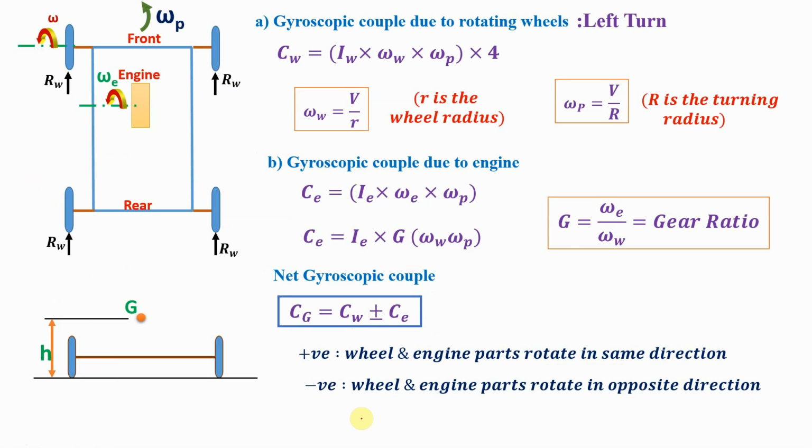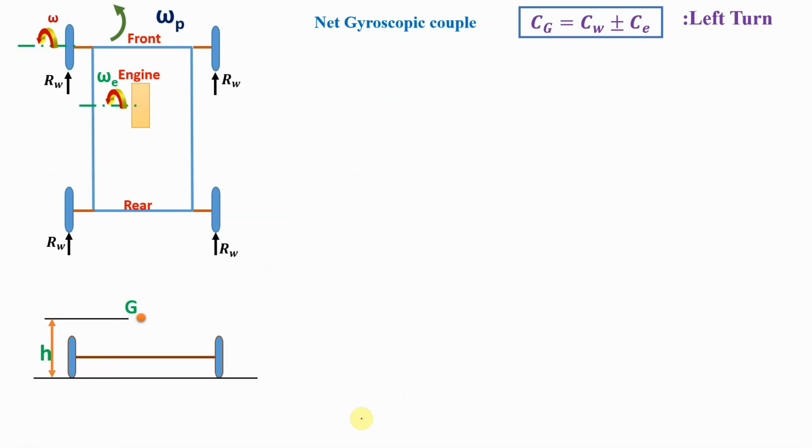Now, net gyroscopic couple is CG while taking a left turn. Let us find out the effect of this gyroscopic torque on the vehicle. Say we'll consider one of the wheels. We are looking from the rear side of the vehicle. This is the axis of rotation of the wheel.